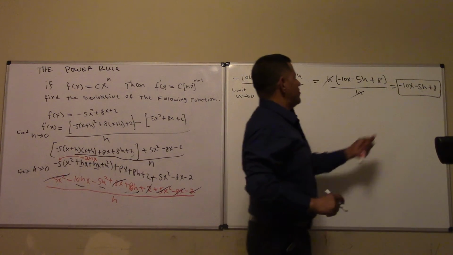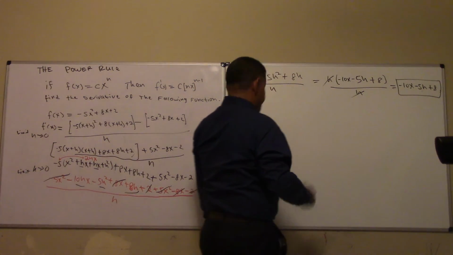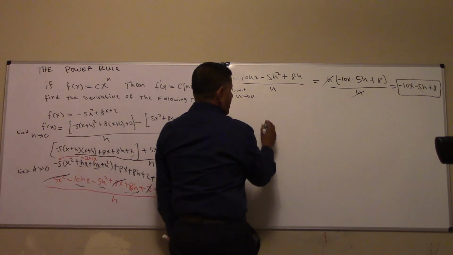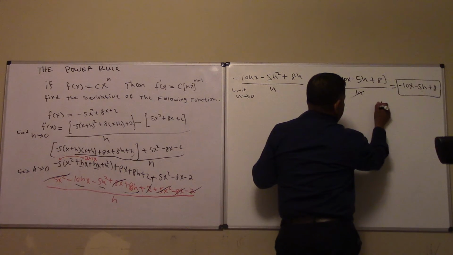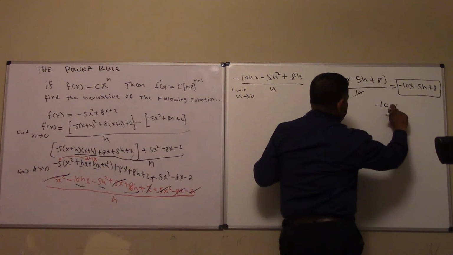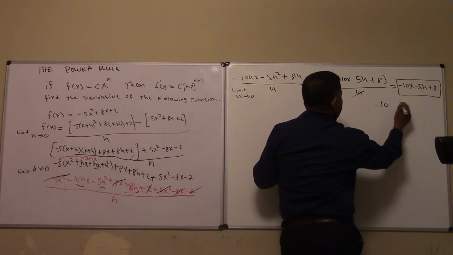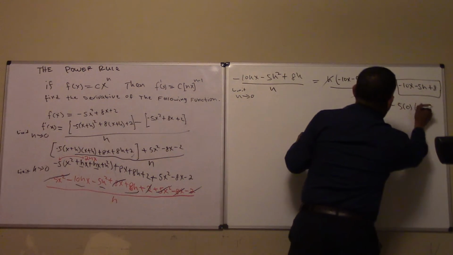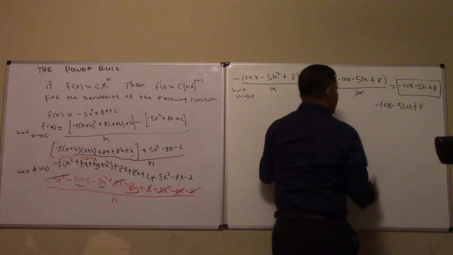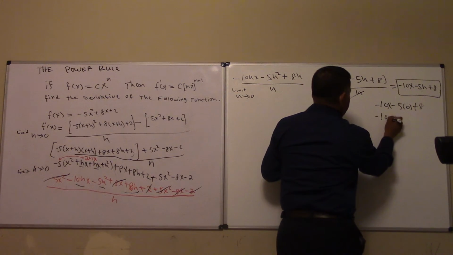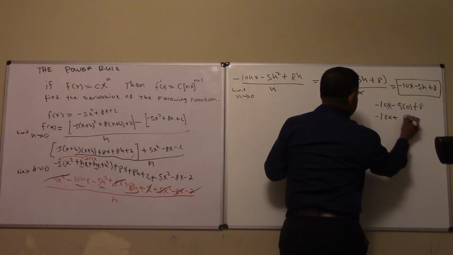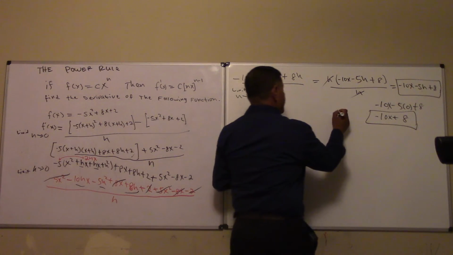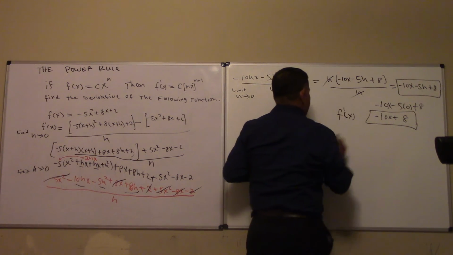Now when I evaluate that as h approaches 0, then I get negative 10x minus 5 times 0, because h approaches 0, plus 8. Now this 10x is the slope, and plus 8. So that is the slope of the line. That is S prime of x, right?